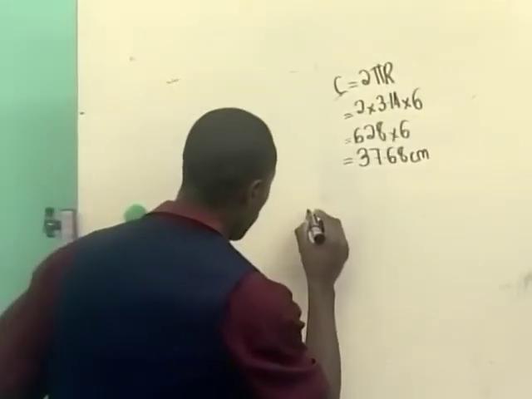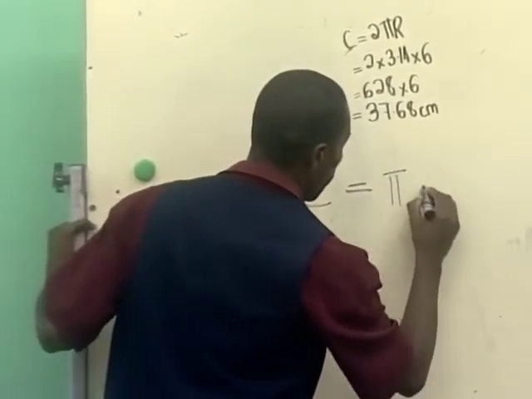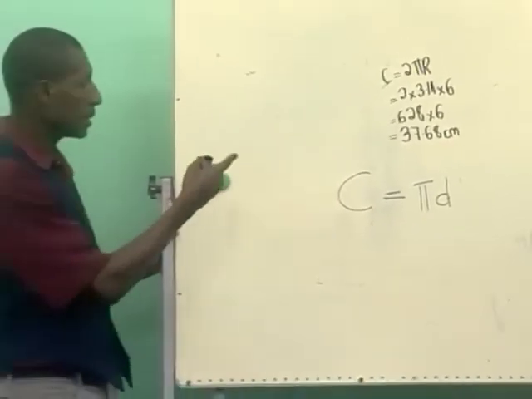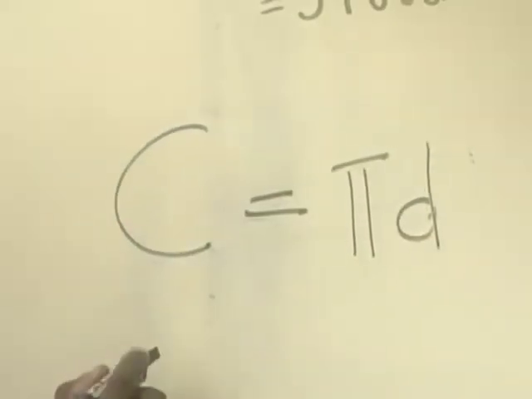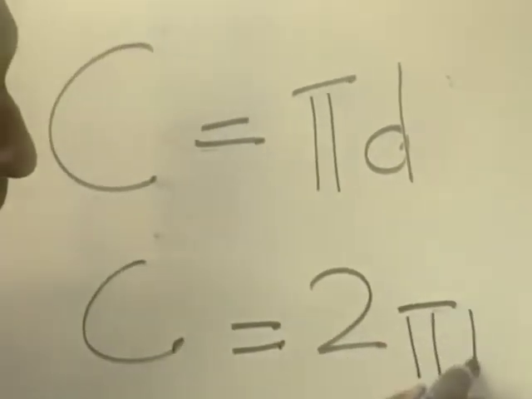That's why the formula C equals pi d and C equals 2 pi r.